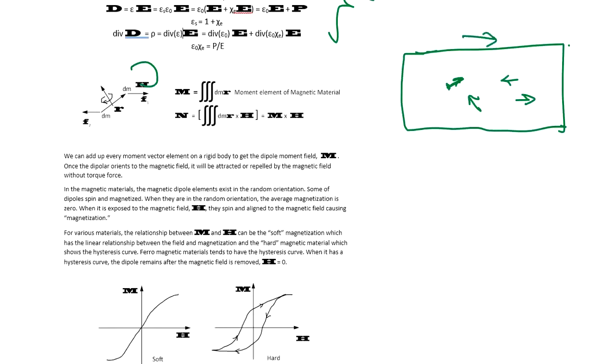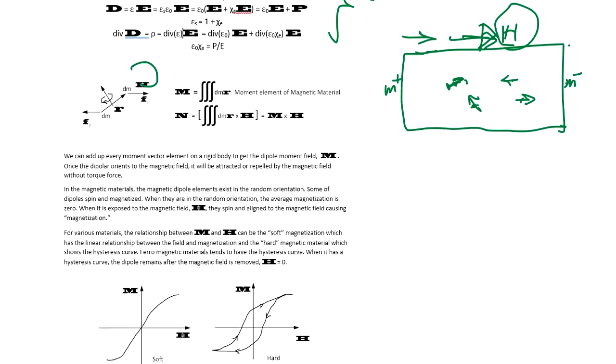But once you apply H, each arrow spin realigns with H. It depends on the material. We have paramagnetic, which means it generates the opposite. When H goes here, it's called surface magnetization becoming opposite.